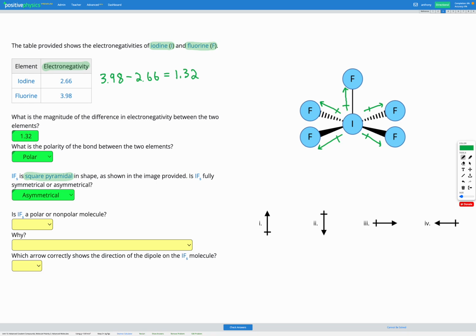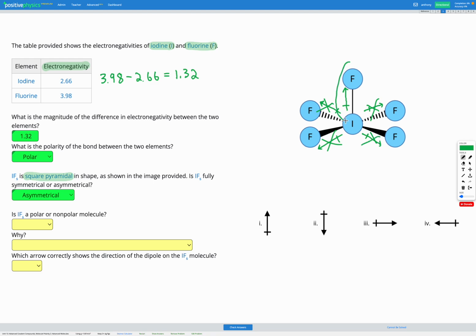So there's my polarity arrows drawn on my diagram. And if we think about it, this arrow and this arrow are pointing in opposite directions. So those 2 arrows are going to cancel each other out. Then this arrow and this arrow are pointing in opposite directions. So those 2 arrows are going to cancel each other out as well.